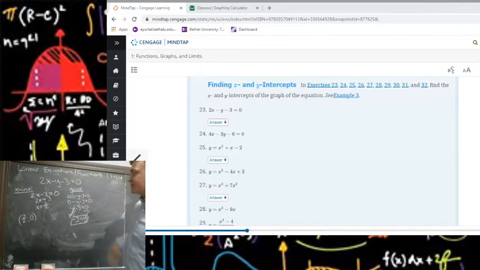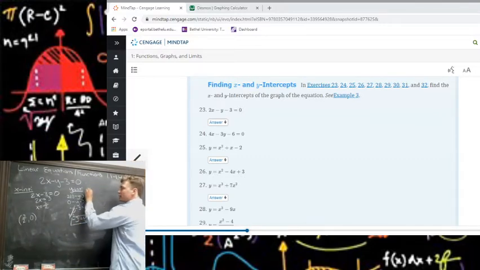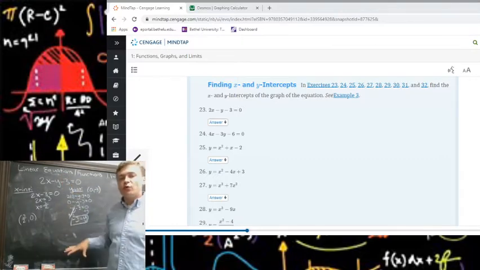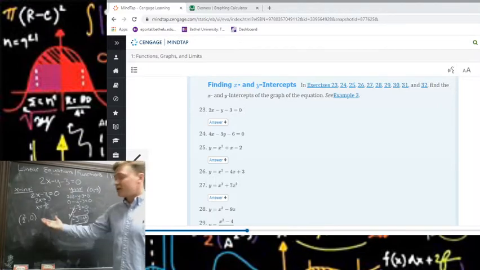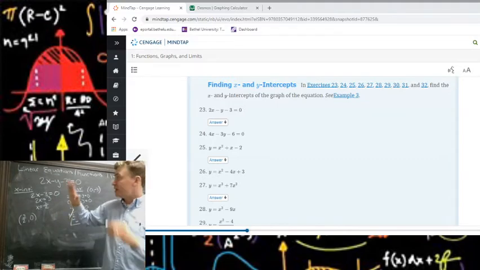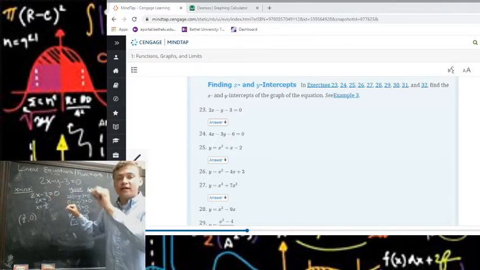Our y-intercept is the ordered pair 0, negative 3. For this linear equation, the only two ordered pairs that I need really are the x and y intercepts. Now I can find as many ordered pairs as I want. Again, make your xy table, plug in numbers for x, solve for y, you're good to go.